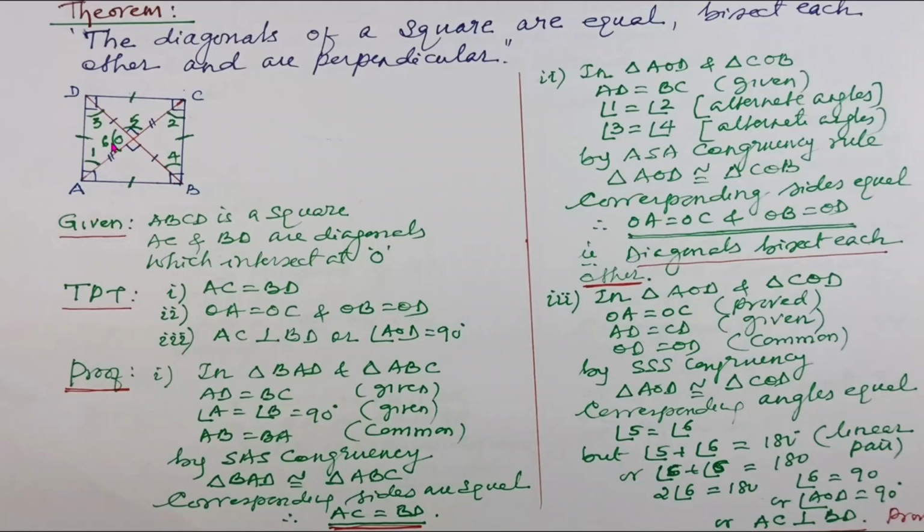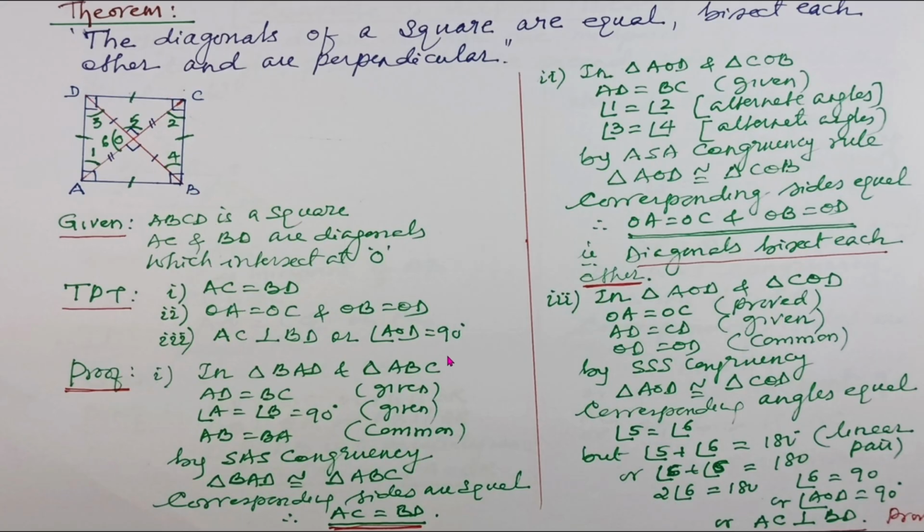Therefore, 2 times angle 6 is equal to 180, or angle 6 is equal to 90 degrees, or angle AOD is equal to 90 degrees. That is, if angle AOD is 90, it means that AC is perpendicular to BD. That is the proof of the two diagonals being perpendicular to each other.